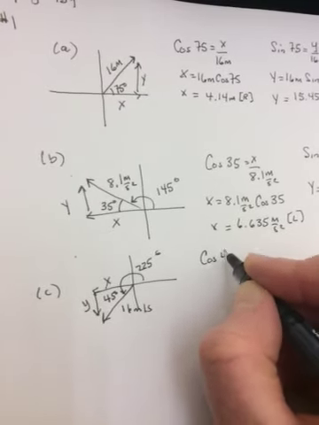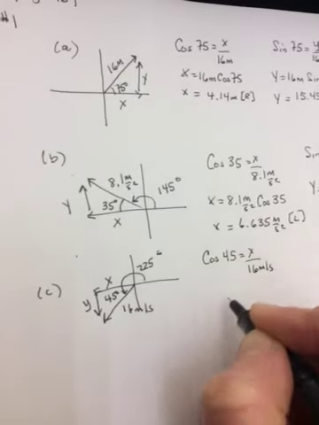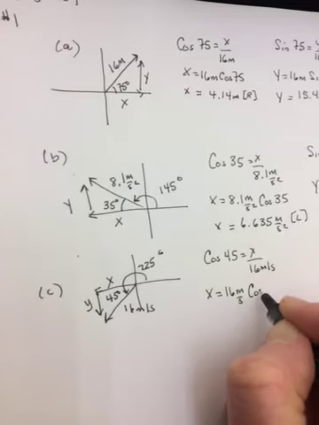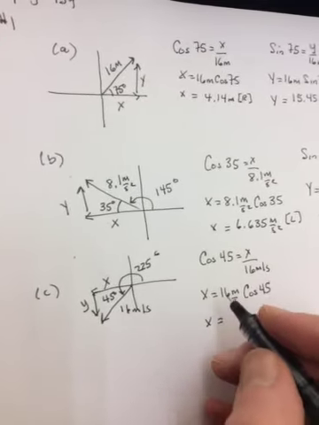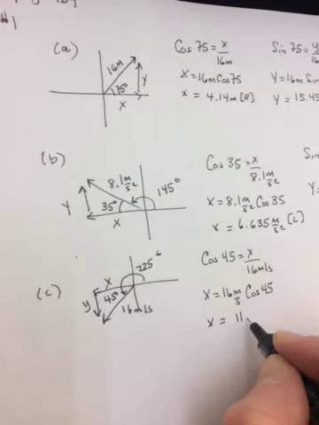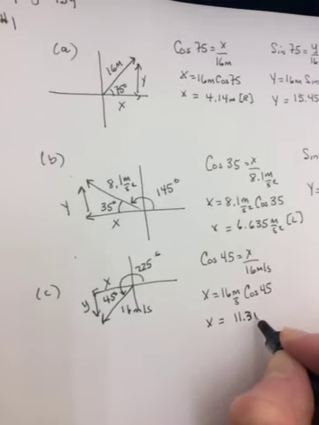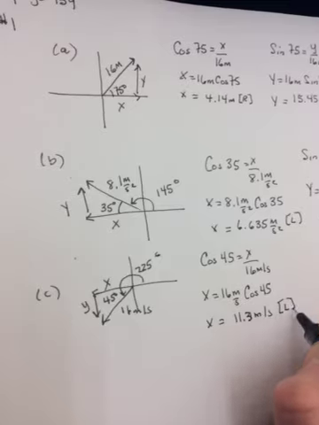So cos of 45 is equal to X over 16 meters per second. X should equal 16 meters per second times cos of 45. Punch this into your calculator and you should get 11.3 meters per second, again going left.